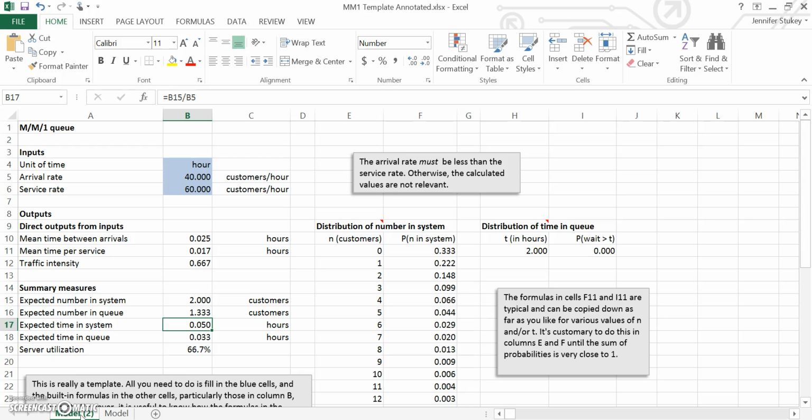So you'll take the number that's in the system and multiply that number by the cost per hour. That's how you're going to determine how much it costs in employee time for each copy machine.